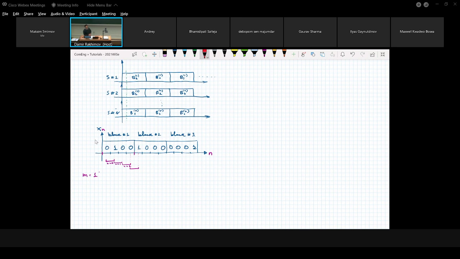But what's the probability? First question, what's the probability that the first block will contain the last sample equal to 1? 1 by 4. And then it's very easy to answer what's the probability that the first block will contain 1 at the last sample, and the second block will contain 1 at the first sample.